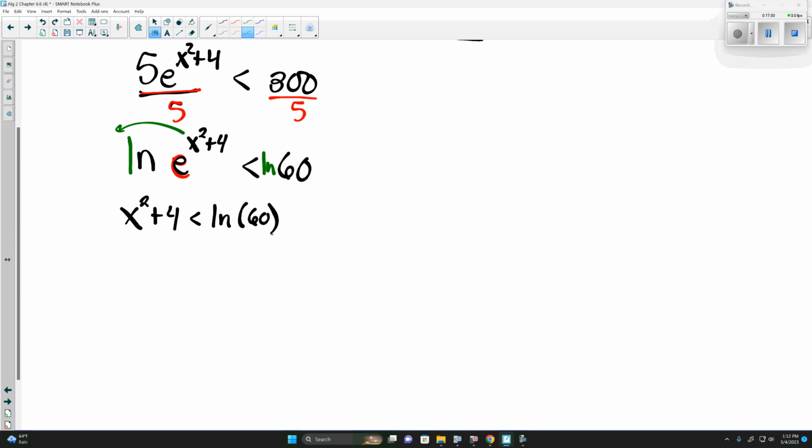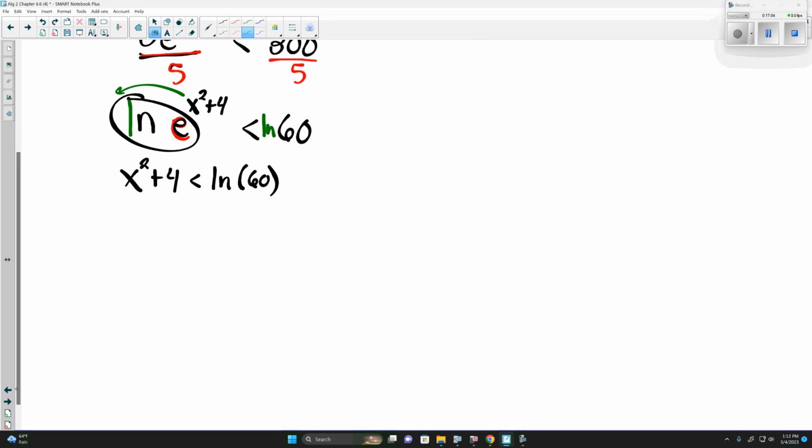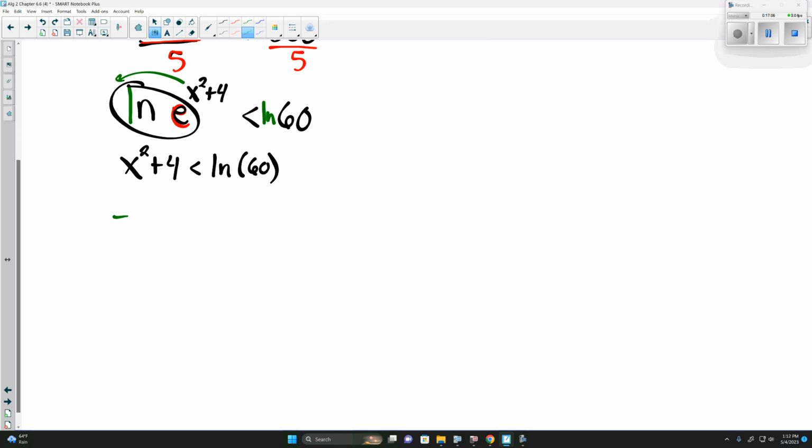Now this here became this because ln of e cancels out, it's 1. Notice that x squared is less than the natural log of 60 minus 4.